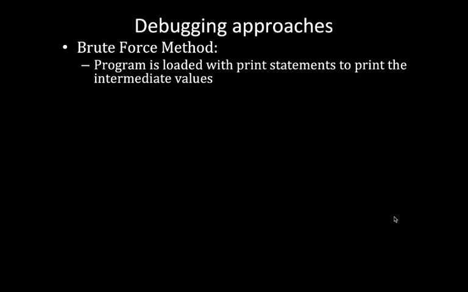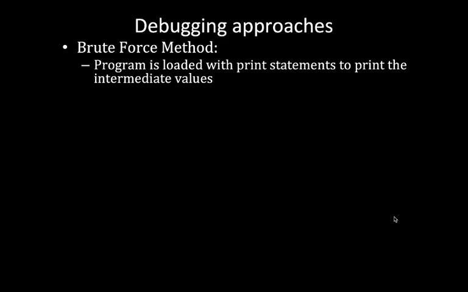There are different approaches to debugging. The first method is known as the brute force method. This is the most common method. You also use this method while you write some code. The program is loaded with print statements to print the intermediate values. We include some print statements here and there in the program when some error has occurred, and we can find the intermediate values.